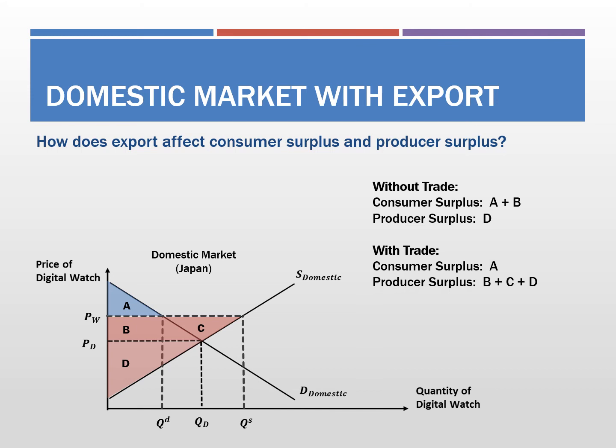With the trade scenario, Japan's market will have the consumer surplus equal to area A, and the producer surplus will equal area B plus C plus D. So at the end, the conclusion tells us that in the case of exports, Japan's digital watch market gains a total welfare of area C.